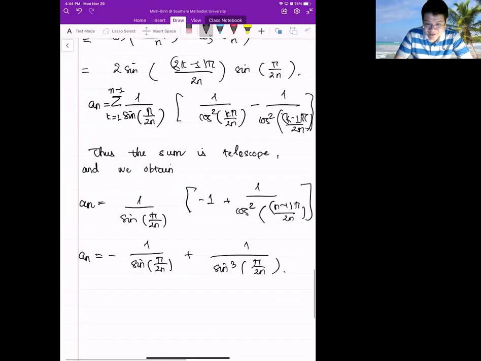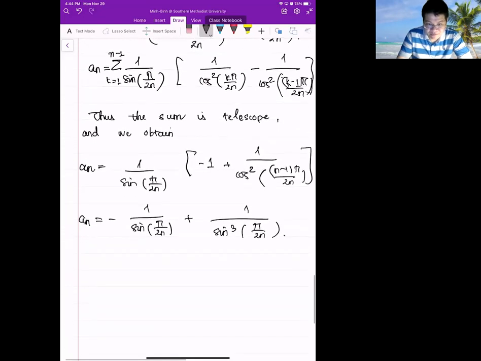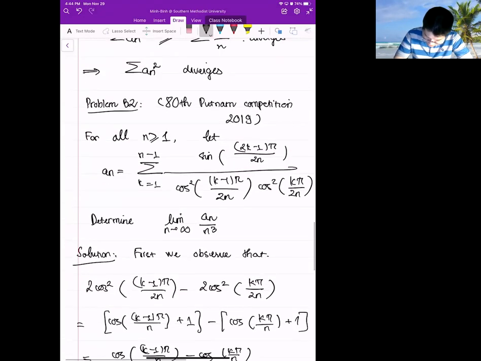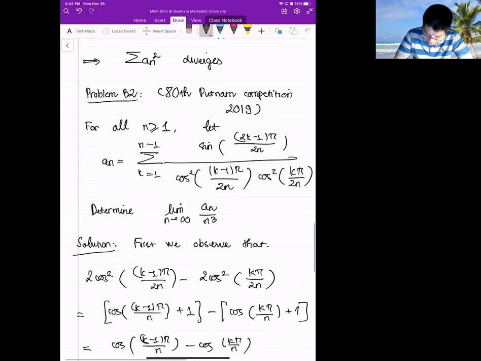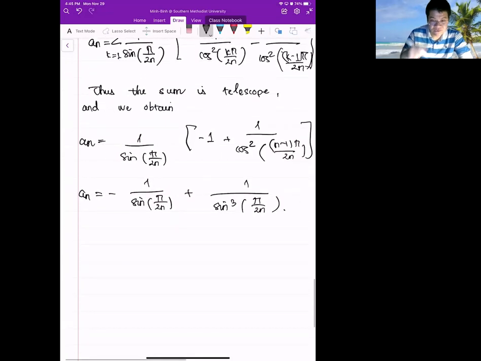Now you're going to have to take the limit of this one. So the goal here is to take the limit when n tends to infinity of a_n over n cubed. So there's one identity that you need to keep in mind.